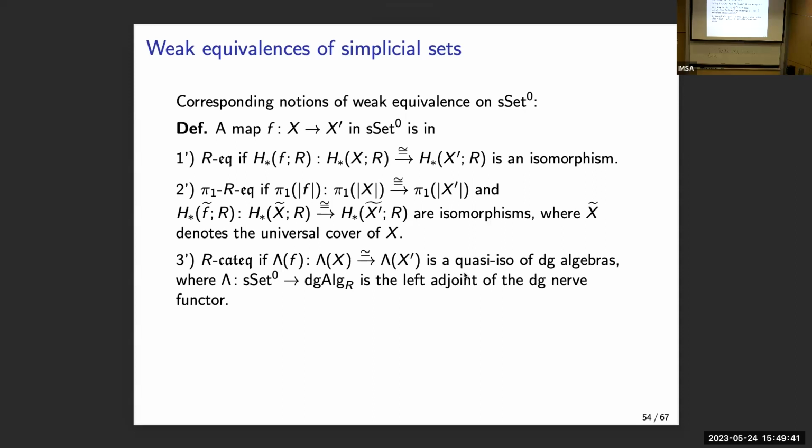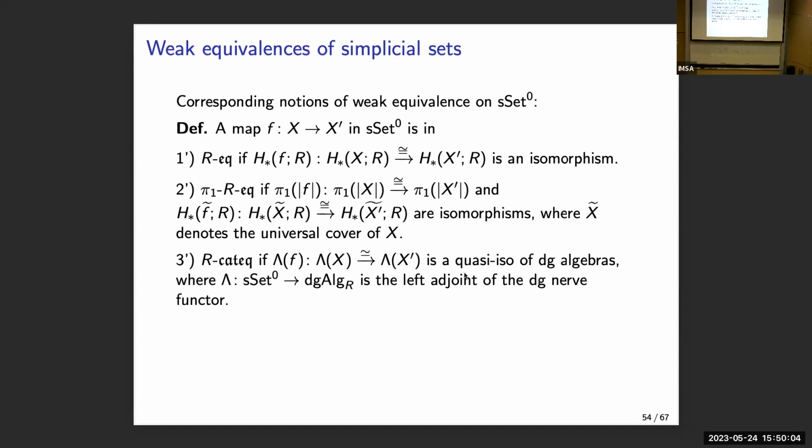Remember, the differential graded nerve takes a category enriched over chain complexes and produces a simplicial set. But if that category has one object, that's the same as a differential graded algebra and produces a simplicial set with one vertex. So you have three notions of equivalence on the category of simplicial sets.